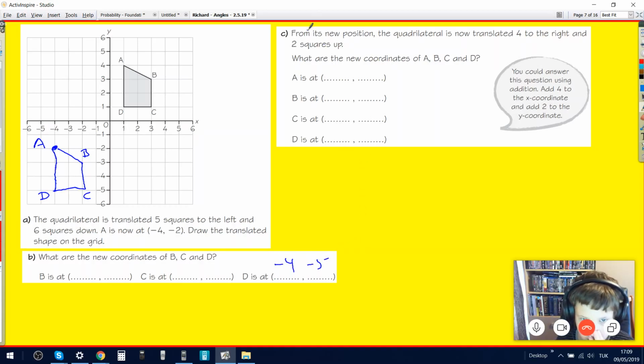And then, let's see, part C. Okay. From its new position, the quadrilateral is now translated 4 to the right and 2 squares up. What are the new coordinates of A, B, C, and D?